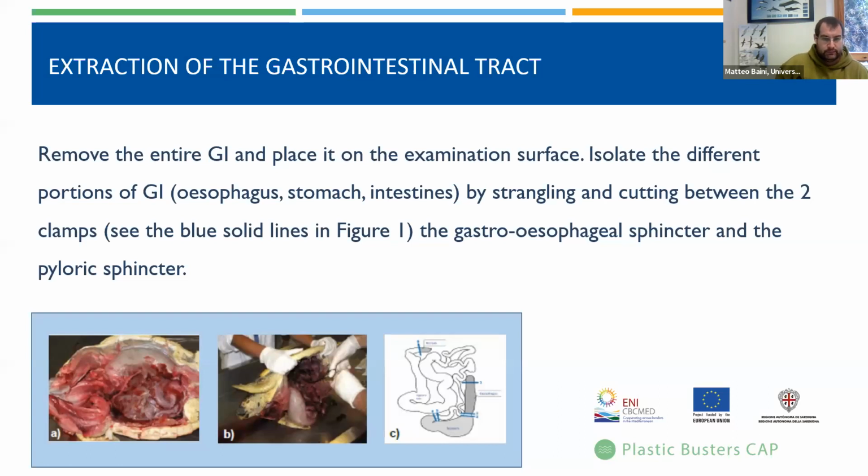You can use 2 or 3 clamps, or a natural rope, to separate those 3 sections. This is needed in order to identify the amount of litter for each section. So we need to properly separate all 3 sections, then analyze the content and report the results separately for all 3 sections.